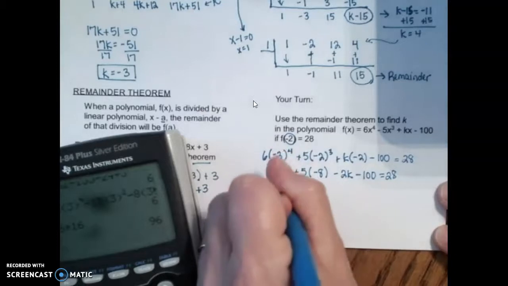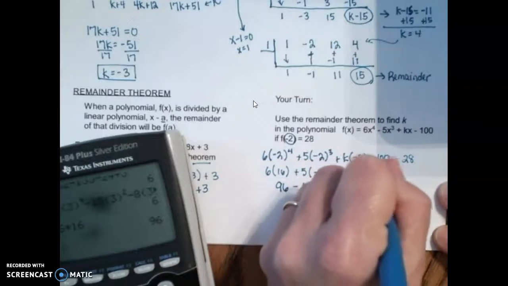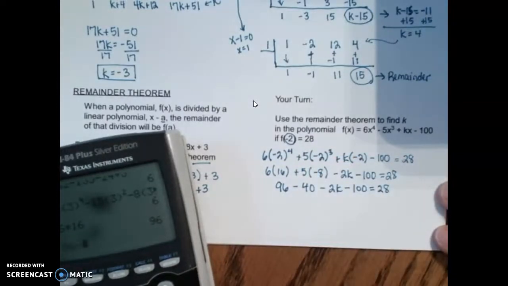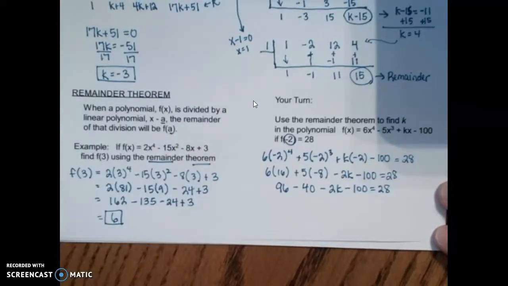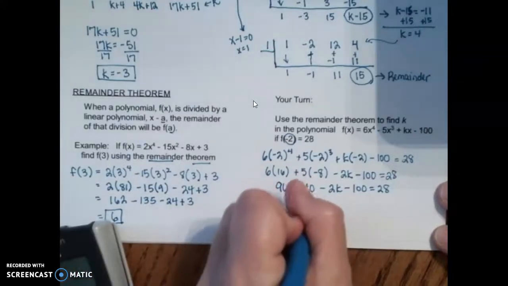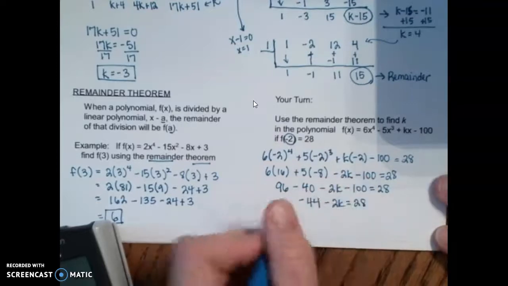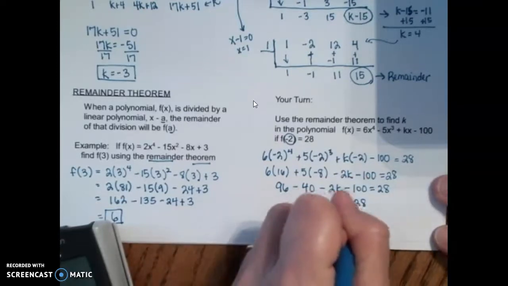So this is going to give us 96 minus 40 minus 2k minus 100 equals 28. So we're going to get negative 44 minus 2k equals 28. I'm going to add that 44.